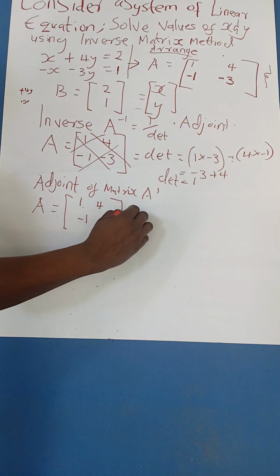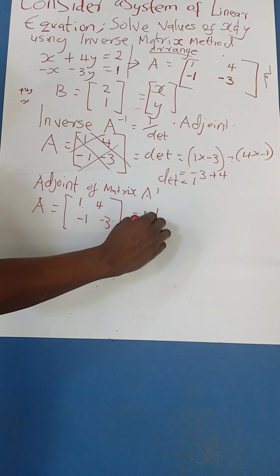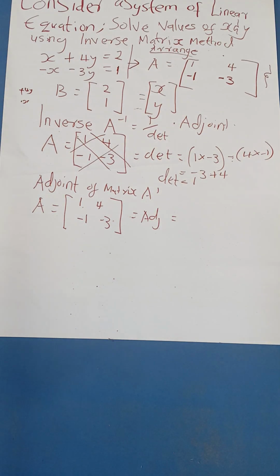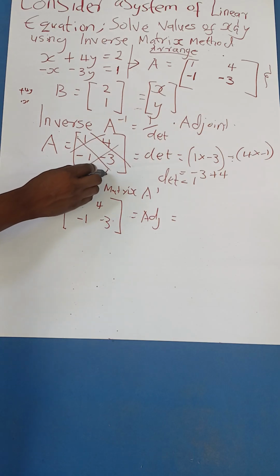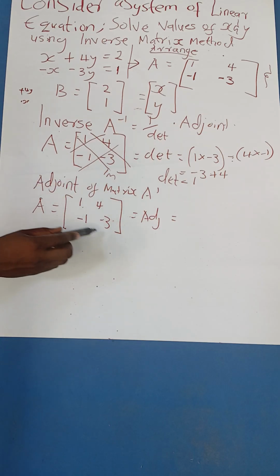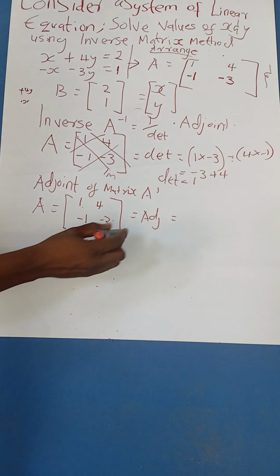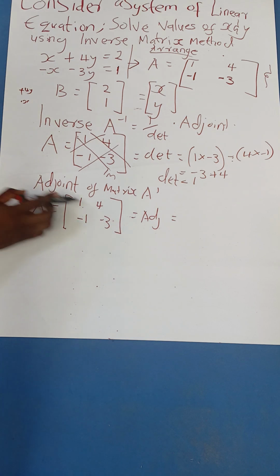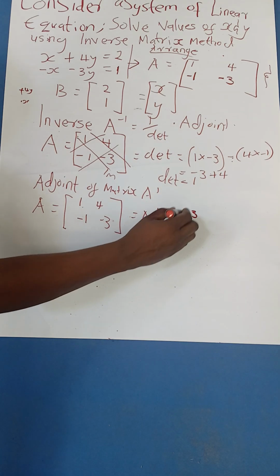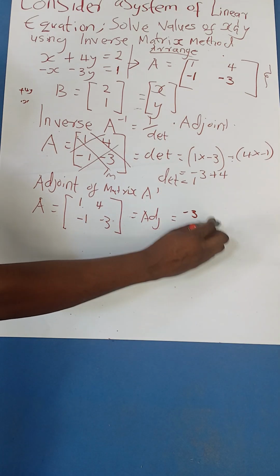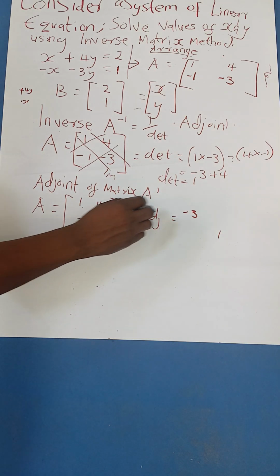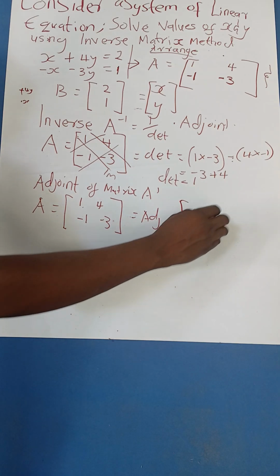For the adjoint, we said you will swap the values of the major diagonal. When I say the major diagonal, I mean the 1 and -3. So we are going to swap the values. Where 1 is, we'll put -3, and down here we'll put 1. I've swapped. That is the first thing we do with the major diagonal.